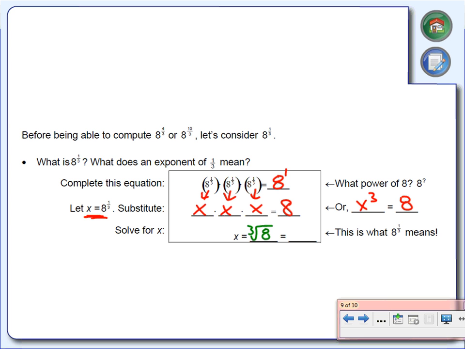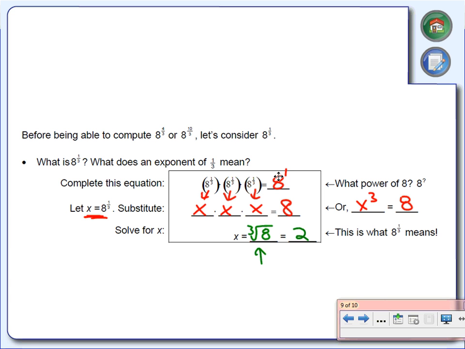Anybody know where to find cube roots in your calculator? Math. Everybody go to math. And I think it's number 4 or 5. 4. Number 4 says cube root. Then you can go ahead and type in your 8. And what is the cube root of 8? 2. So this is what 8 to the 1/3 power means. It means the cube root of 8.